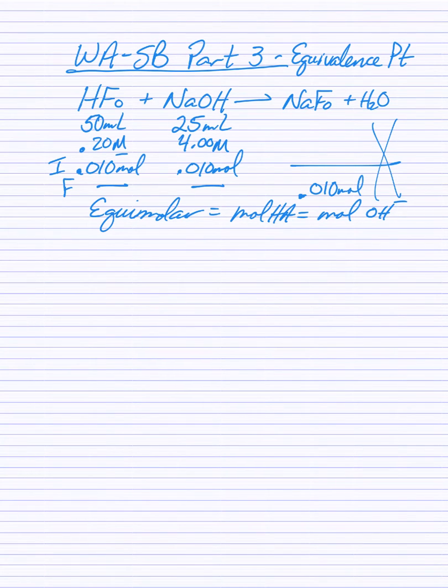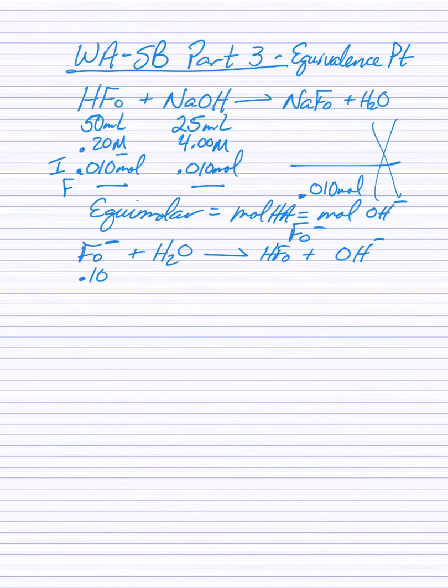So now the only thing left that's controlling the equilibrium is our FO minus. And so we're going to flip this reaction and let the FO minus control the equilibrium by reacting it with a little bit of water. That's going to give us a little bit of HFO and also a little bit of OH minus.